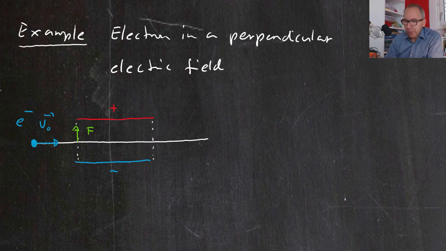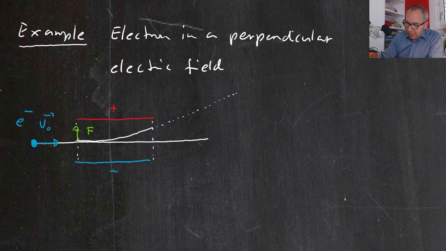So we have a constant force, and therefore the path will be bent and the electron will make some turn, and after this turn it will continue its path on this dotted straight line.